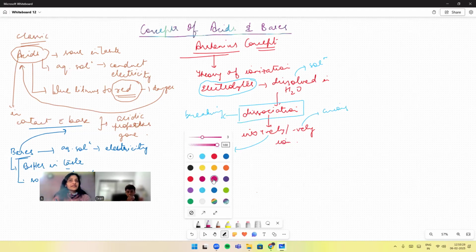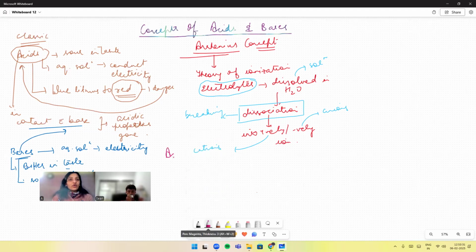Now, according to this concept, he applied this theory of ionization to acids and bases. When he talked about acids, he said that acids are substances which contain hydrogen. He said that any substance having hydrogen in it is going to be acidic in nature.